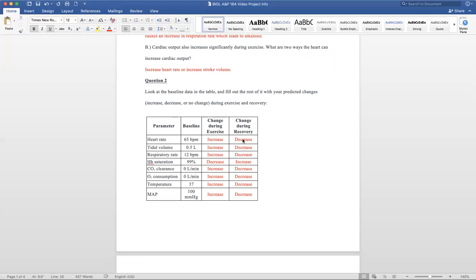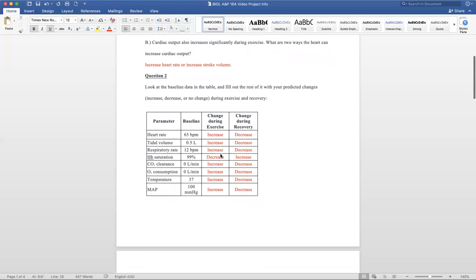And for recovery, it's a decrease in all other than hemoglobin saturation. That is because the hemoglobin would be less saturated because it's being used more often during exercise. So it won't be as saturated because it's cycling through, with more oxygen being put in and taken out, versus a consistent, steady oxygenation of the hemoglobin.